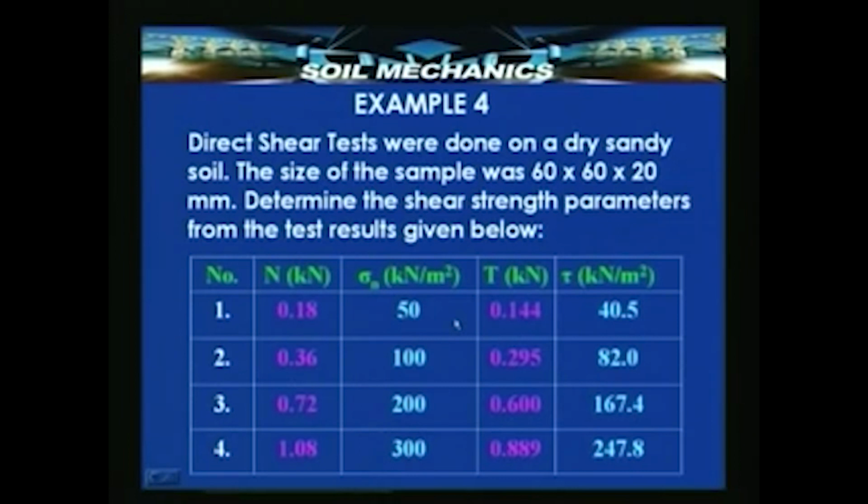It is very rare that these values will go above the normal stress itself, because as you will see, that will indicate that the angle of friction is more than 45 degrees. There are very rare instances where angle goes beyond 45 degrees. Of course, in the case of rocks, it does go beyond 45 degrees easily, but it is virtually rare in the case of soils, unless it is a very stiff soil.